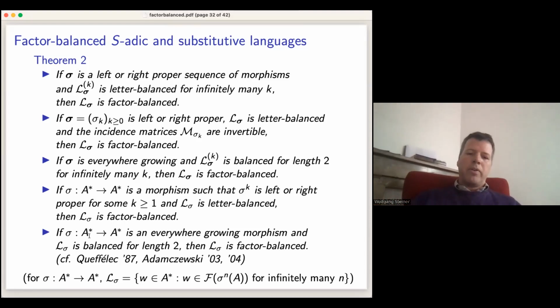So there's a difference between n equals 1 and n equals 2, but starting from n equals 2, for all lengths they basically have the same properties. But I think this property is not explicitly stated. So now we have that balancedness for length 2 is enough to have factor balancedness. It's nice.